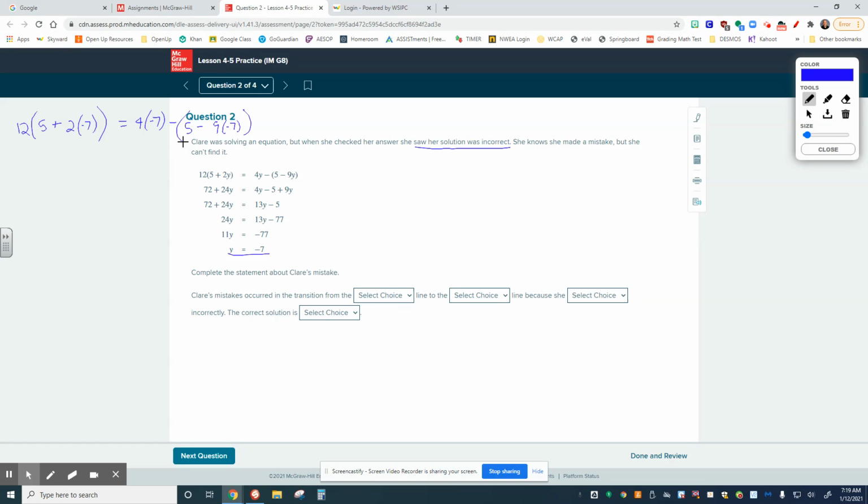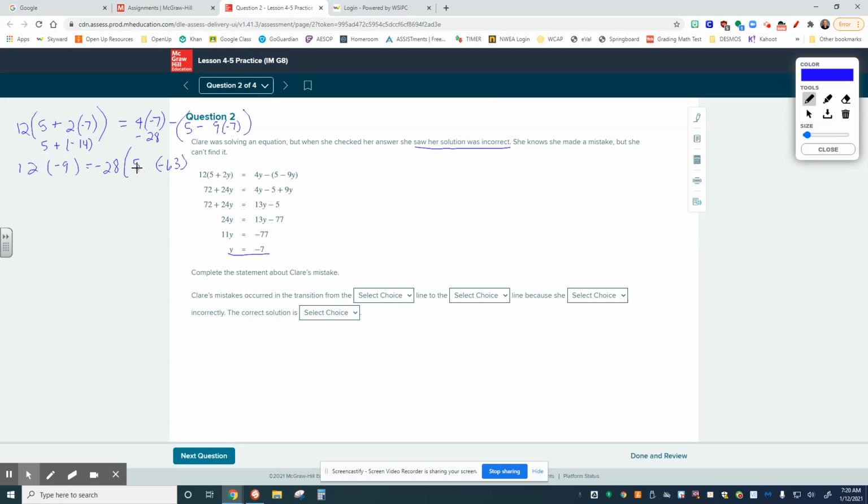First off, 2 times -7 is -14. And 5 plus negative 14 would make this negative 9. And so we have 12 times negative 9 is equal to, over here we have negative 28. And then a 9 times negative 7 is a negative 63.